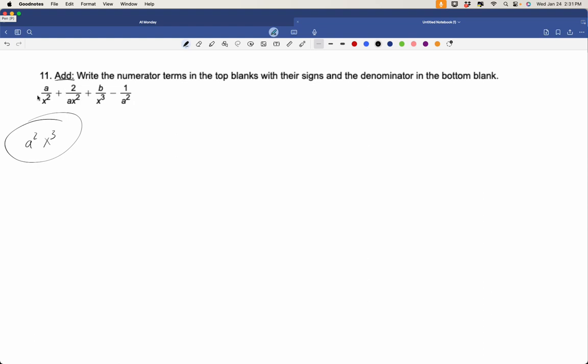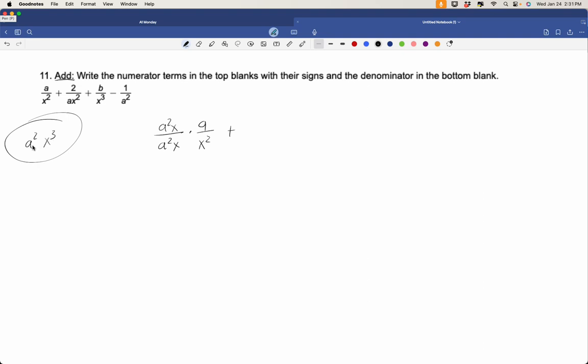Now we're going to multiply this times what's missing. All of these times what they don't have. So the first one needs an a squared and an x. So a squared x over a squared x times a over x squared. Because when you multiply these together, you get this. That's why we're multiplying the whole fraction times what's missing. Now we have a plus, and now we have ax squared.